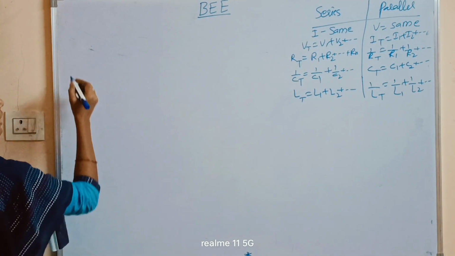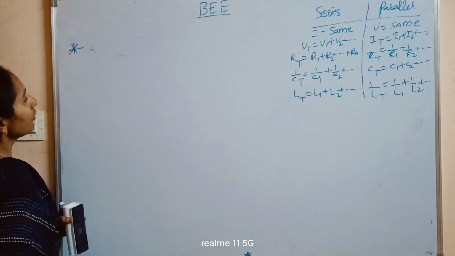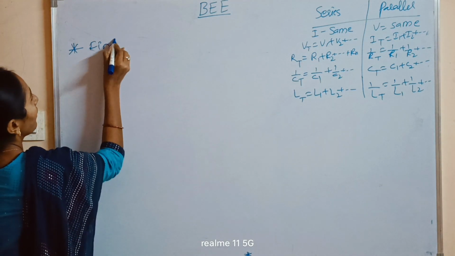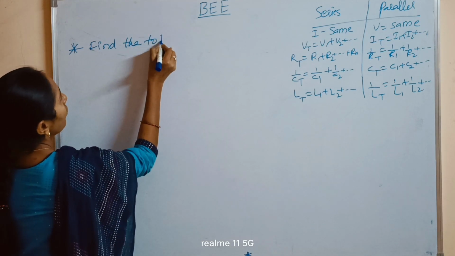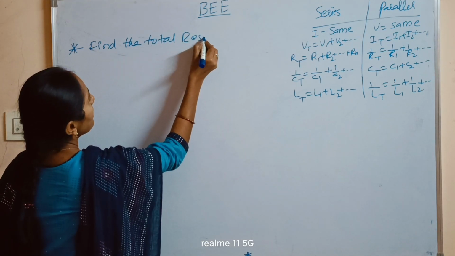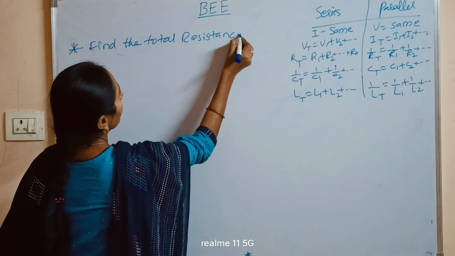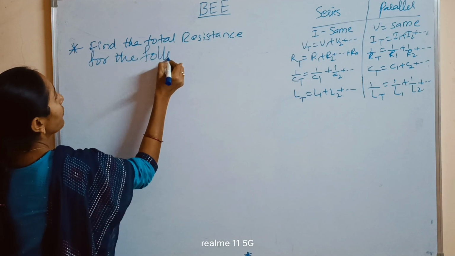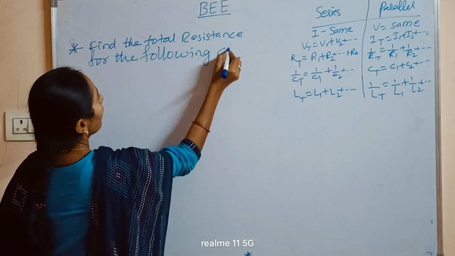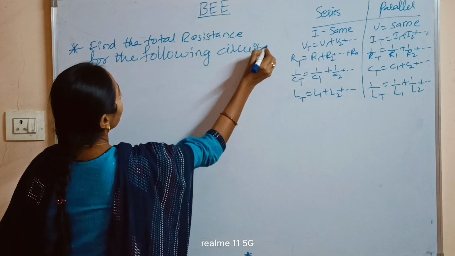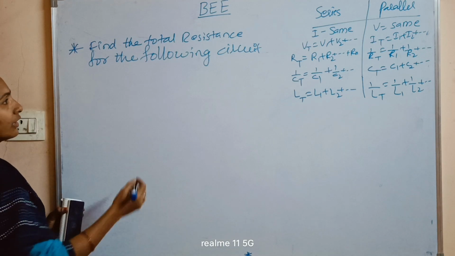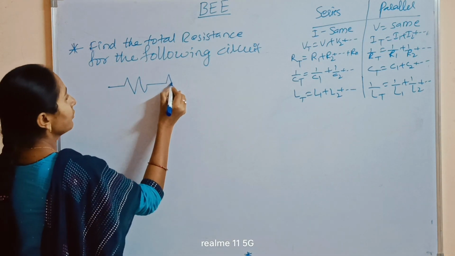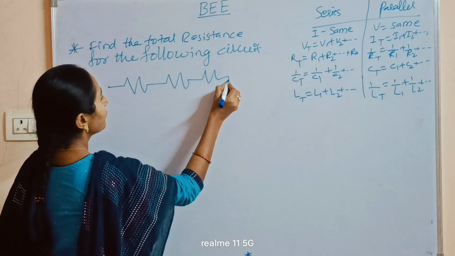Suppose I am considering one problem. Find the total resistance for the following circuit. I am considering one simple circuit, R1, R2, R3.